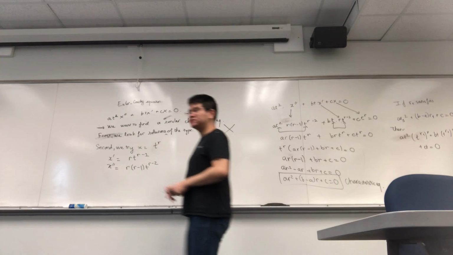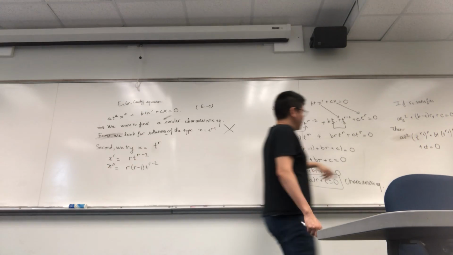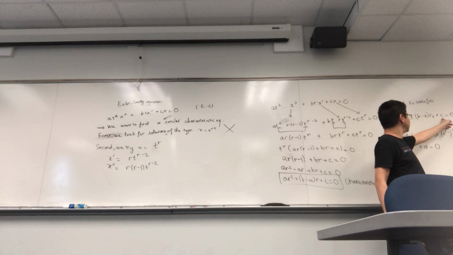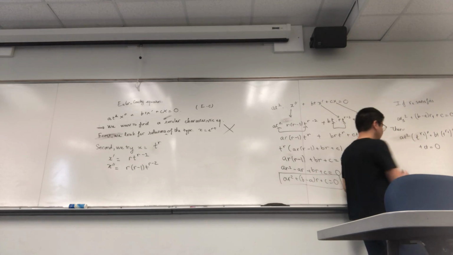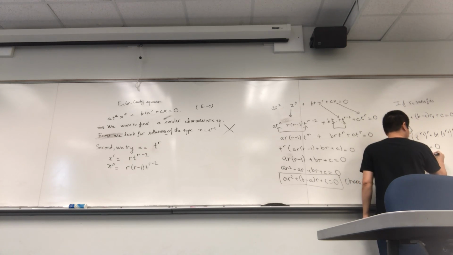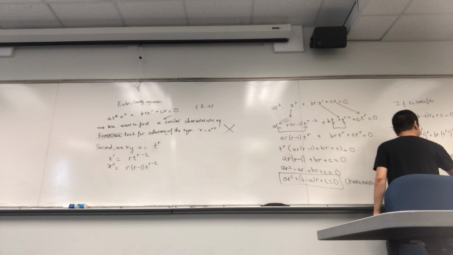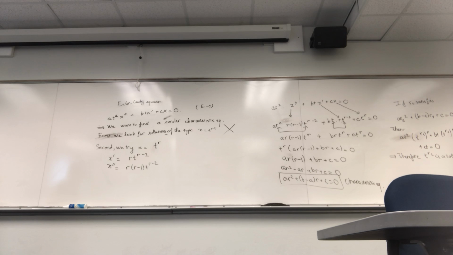Right? So this is a characteristic equation because if you can find a number r1 such that a r1 squared plus b minus a r1 plus c is 0, then a t squared (t to the r1) second plus b t (t to the r1) prime plus c t to the r1 is 0. And this is a solution, which means that t to the r1 is a solution. All right? Questions? And this is the characteristic equation that you have in this case.